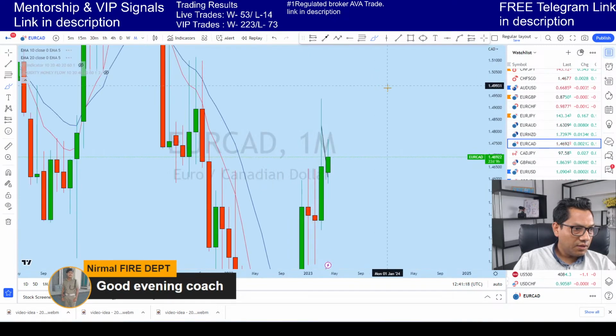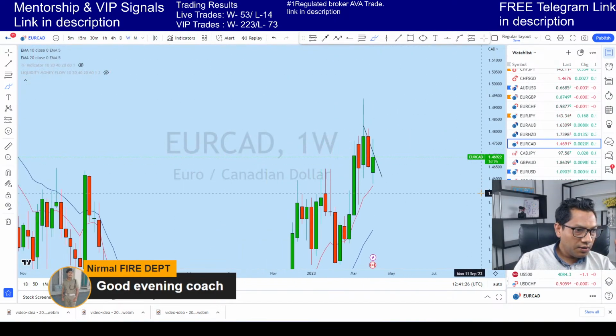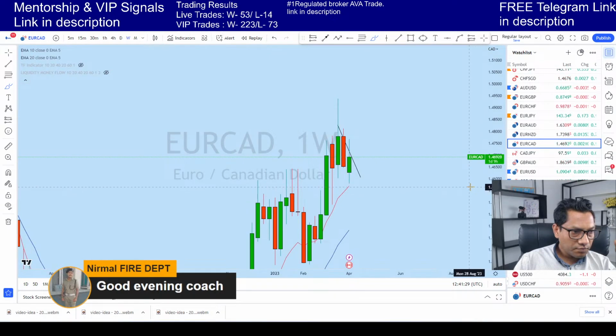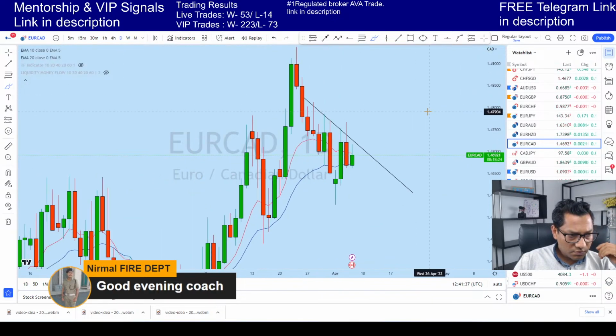Now, let me look at the weekly and the monthly. Multi-time frame is very important. Monthly is bullish, weekly bullish, and daily, very interesting, is bearish.